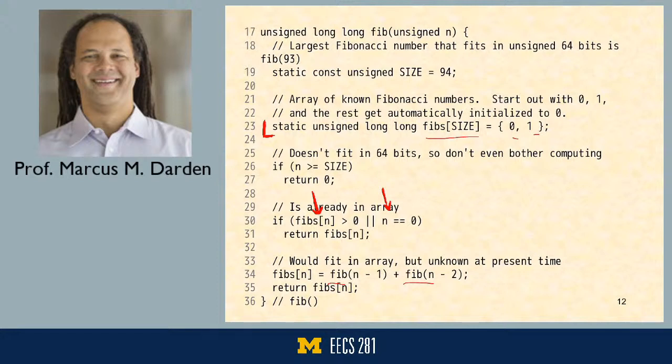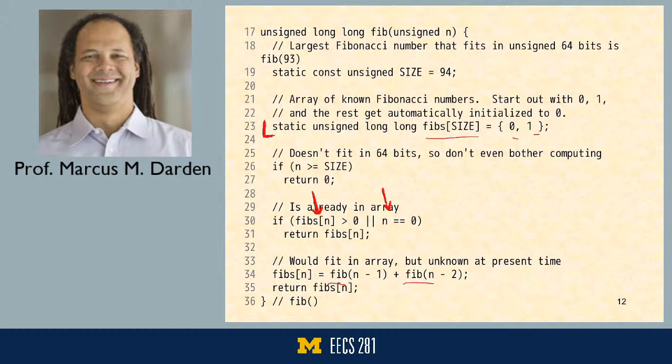This isn't some other variable that anyone can access, but this static variable is retained throughout the life of the program. So every time I call this fib function after the first, it goes and uses whatever data was already in there. The first time, it does the initialization that you see there in line 23.